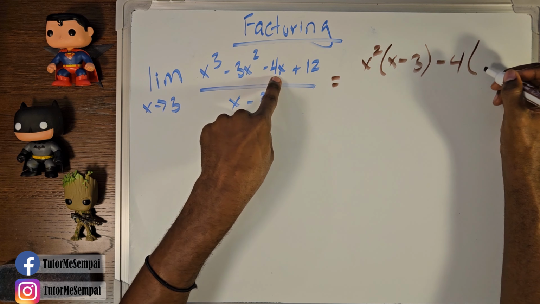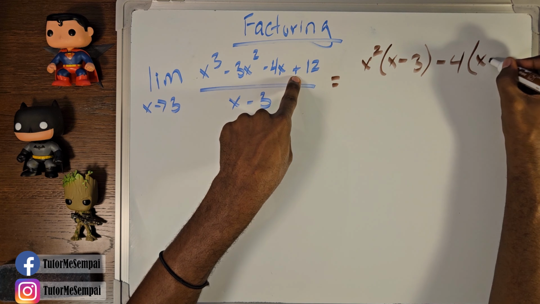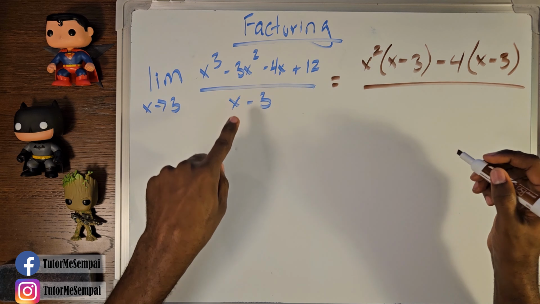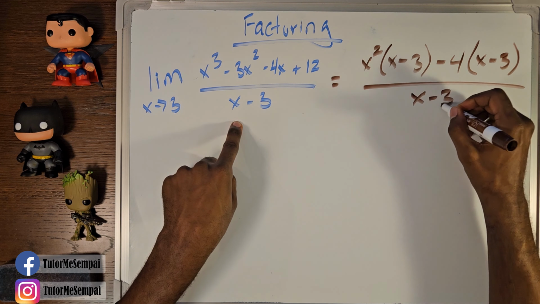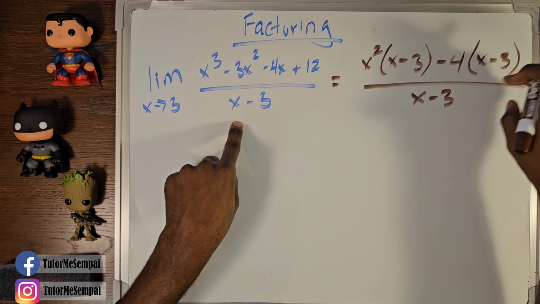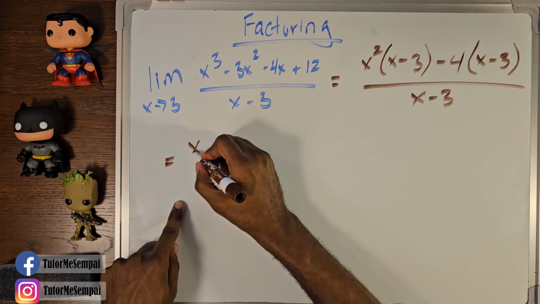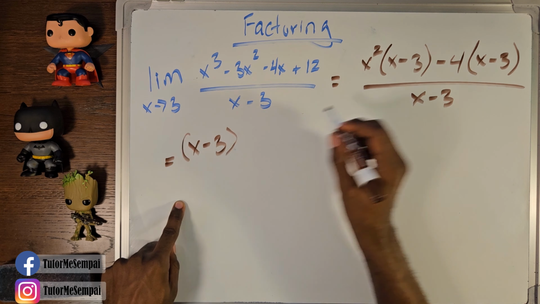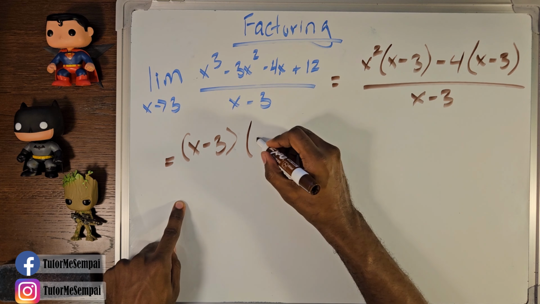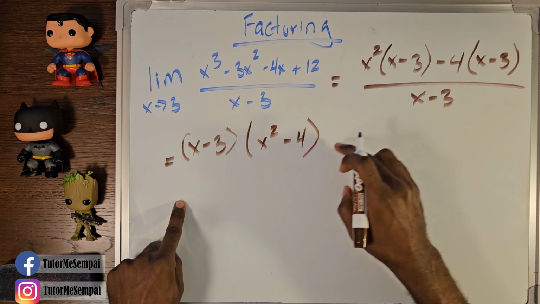We're left with a positive x, and since we factored out a negative 4, we're left with a negative 3 here, right? And then we're going to just write this bottom here. And what happens now? Well, let's factor out what's in common on the top. So we're going to have our x minus 3, that's in common for both terms, factored out, and we're left with an x squared minus 4. Right? That's how we got from here to here.